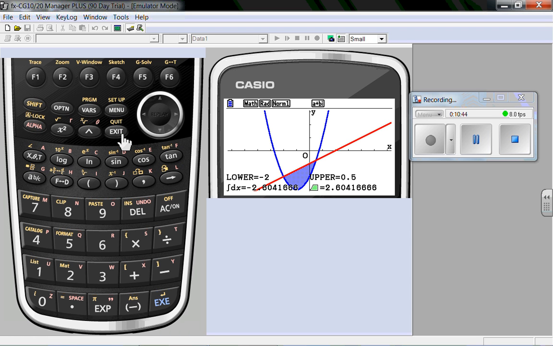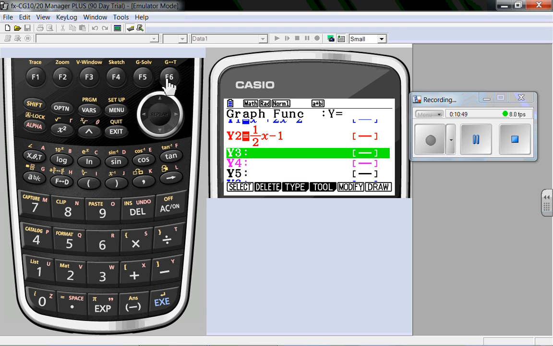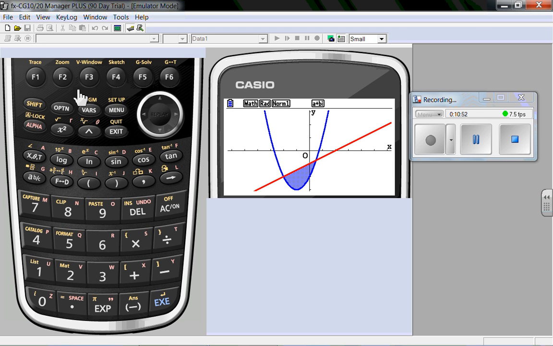Let's try one more thing. We'll draw this again. This time I'm going to take the integral at just 2 arbitrary points. I want to calculate an integral between 2 points. It wants to know which function do you want to find the integral for. Let's go with the parabola here. Now I'm going to type in my values.